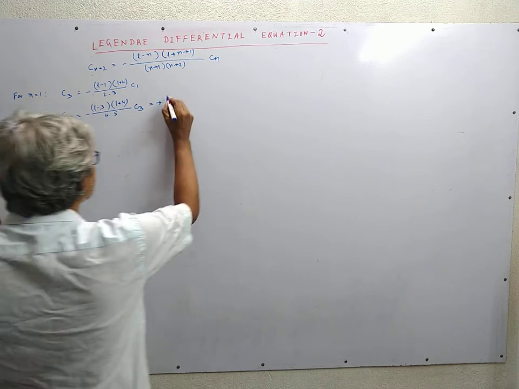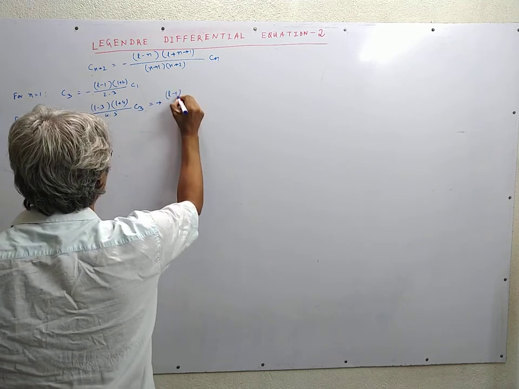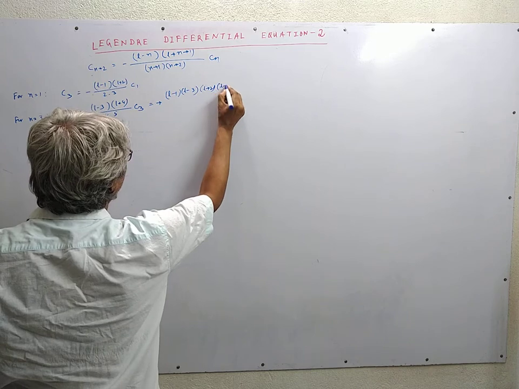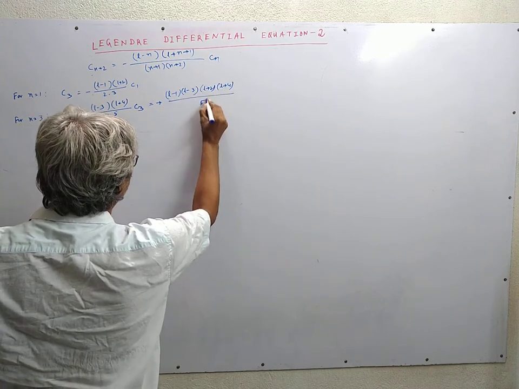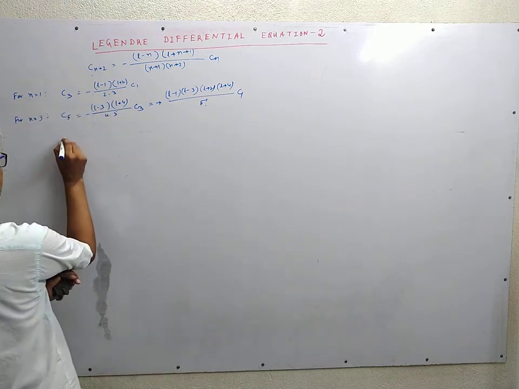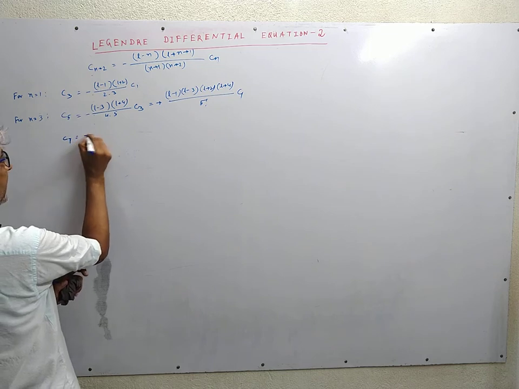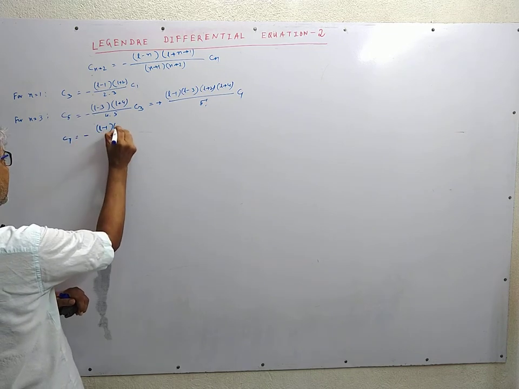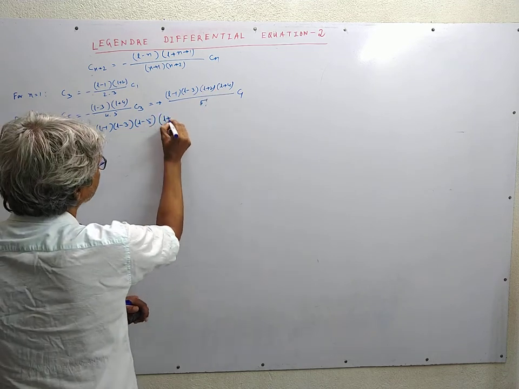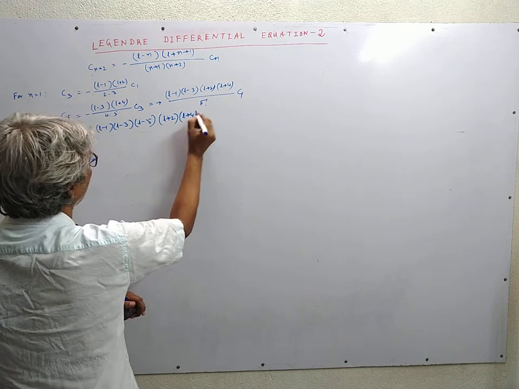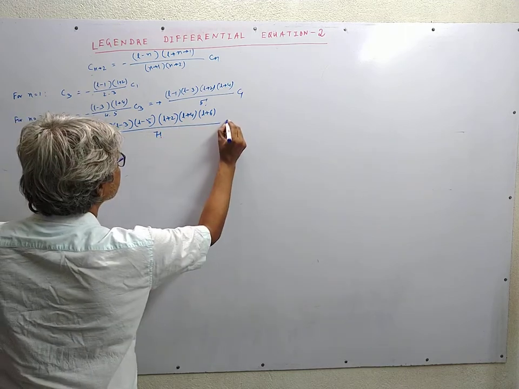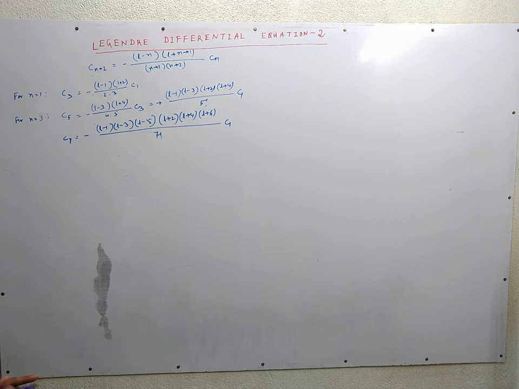This is equal to plus (L minus 1)(L minus 3)(L plus 2)(L plus 4) divided by 5 factorial, times C1. Obviously, the expression for C7 is minus (L minus 1)(L minus 3)(L minus 5) and then (L plus 2)(L plus 4)(L plus 6) divided by 7 factorial, times C1. So we can generalize the term.